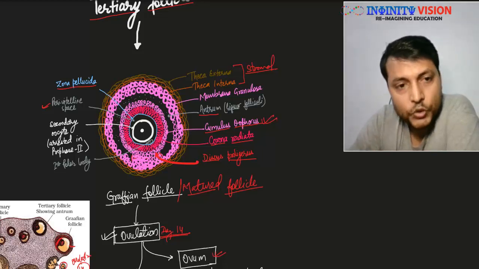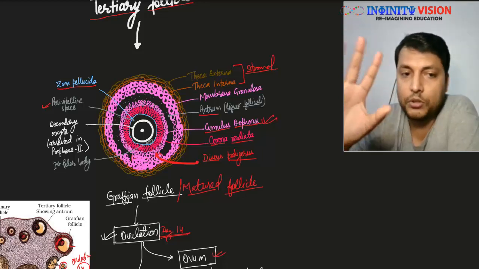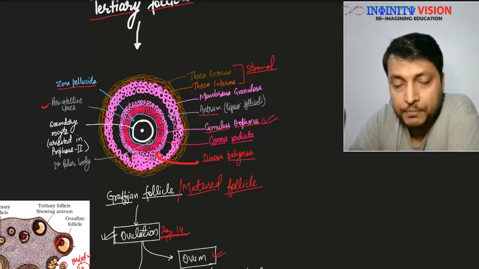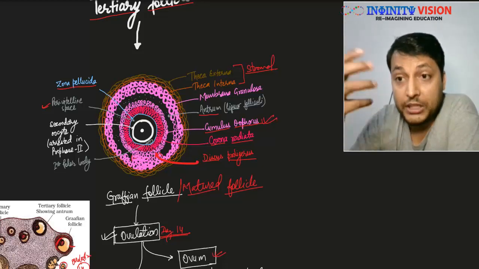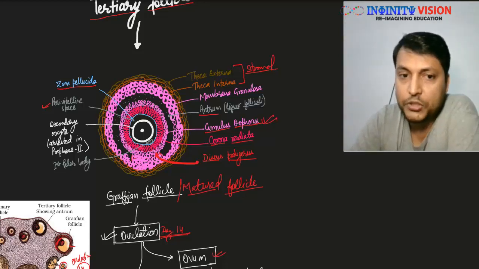Okay, great. Apart from that, the zona pellucida, corona radiata, and cumulus oophorus, all these structures we find, and they remain attached with discus proligerus. Now, once the Graafian follicle is formed, the process of ovulation occurs. This usually occurs at day 14 of the menstrual cycle.